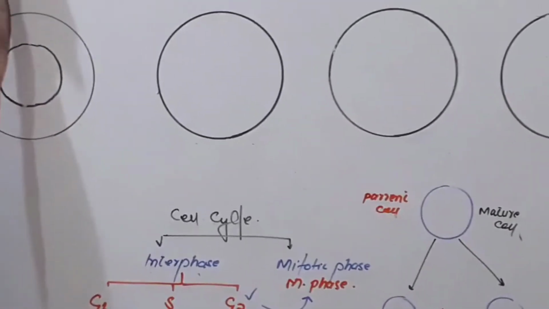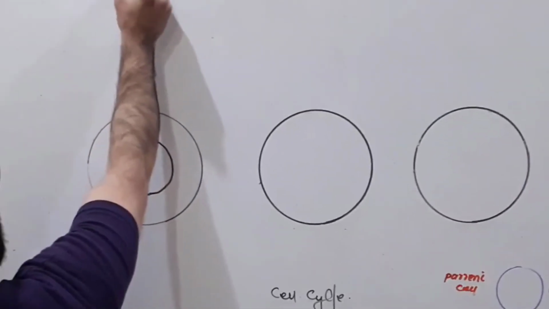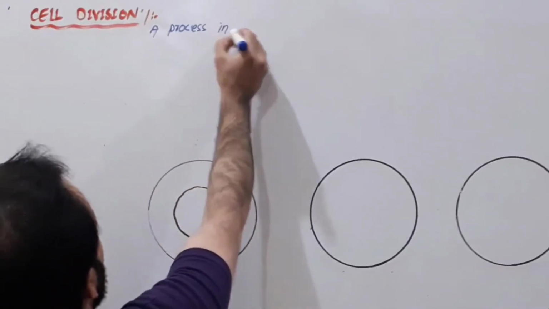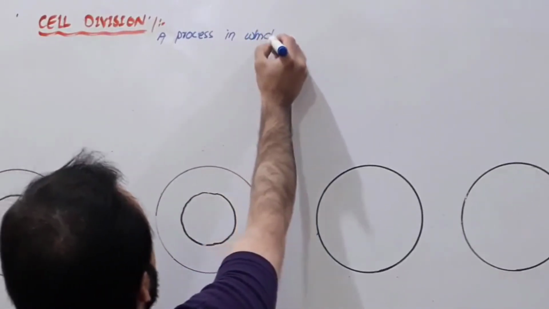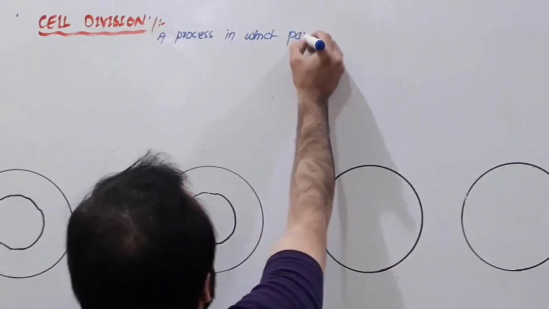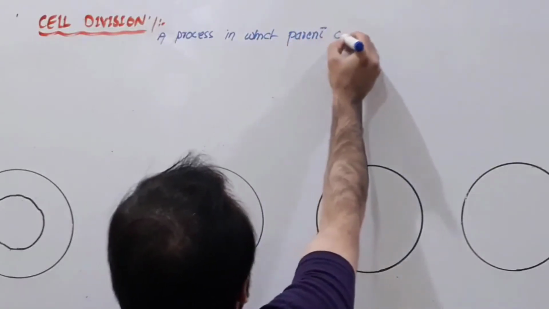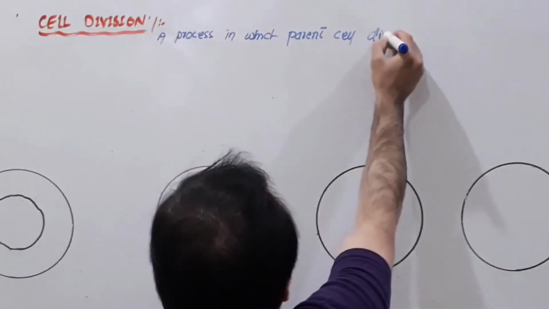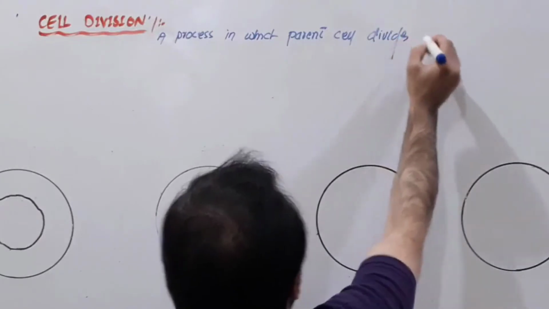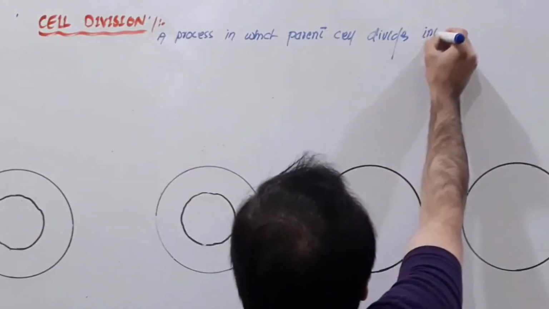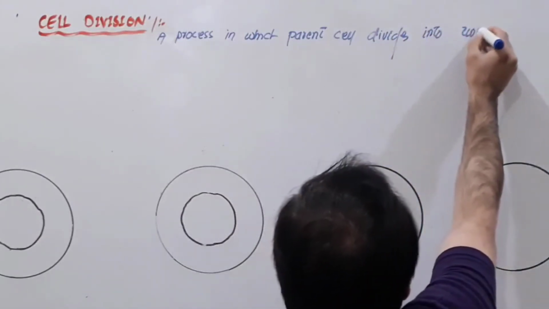A process in which a parent cell divides into two daughter cells.